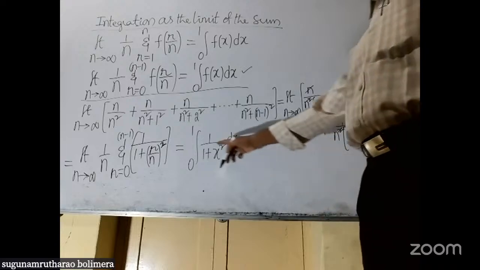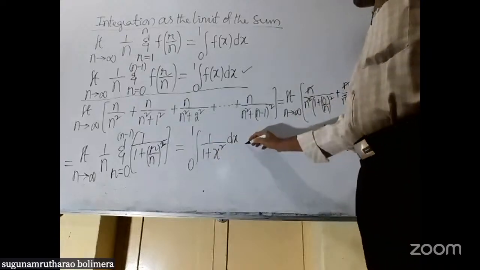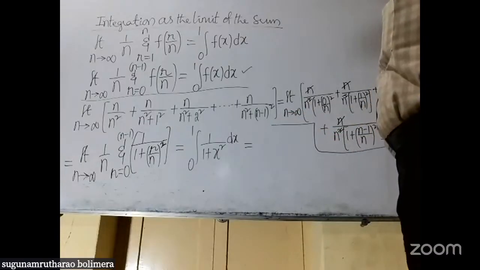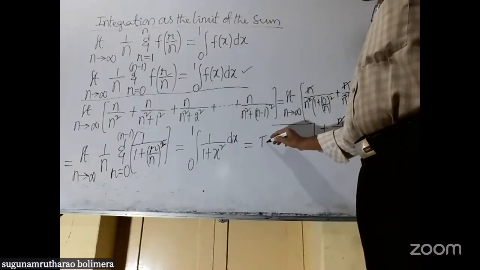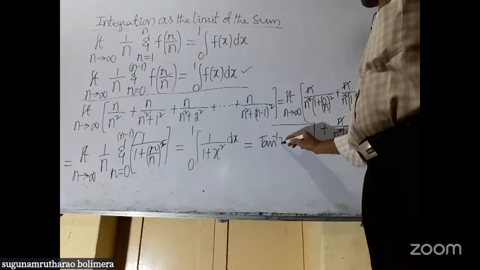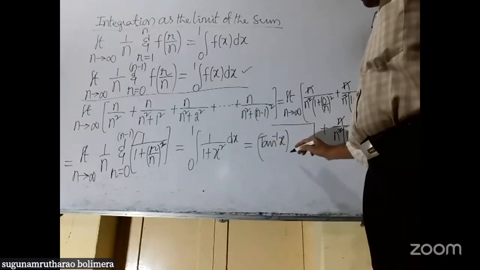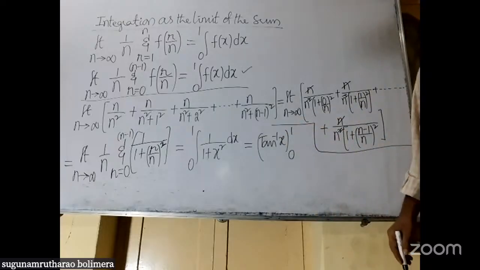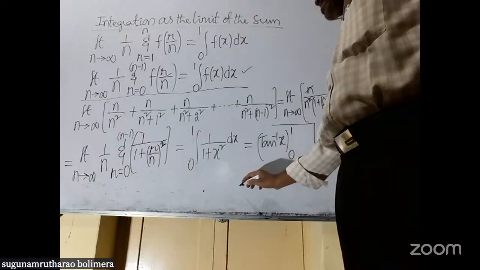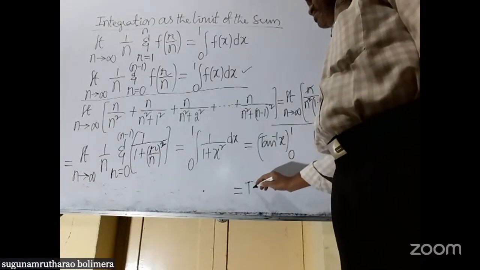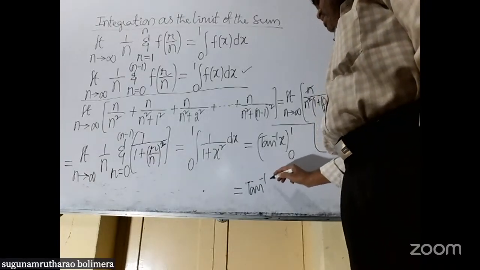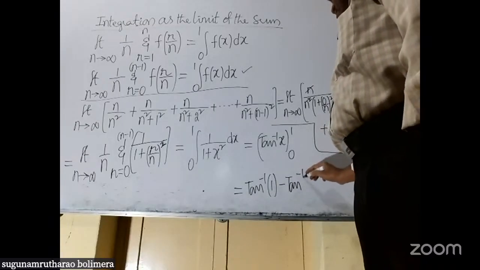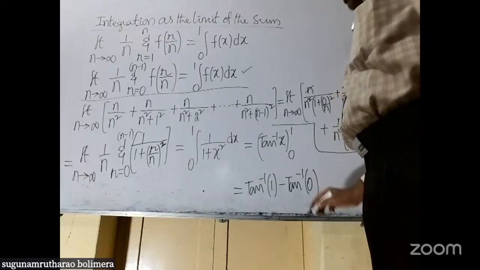So what is the integral of 1 by 1 plus x squared? This is nothing but tan inverse x, with limits from 0 to 1. So the value is tan inverse 1 minus tan inverse 0.